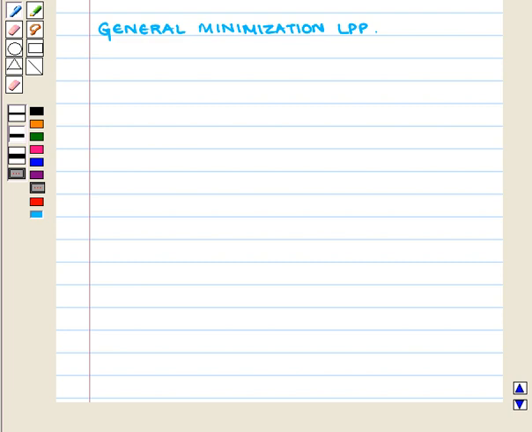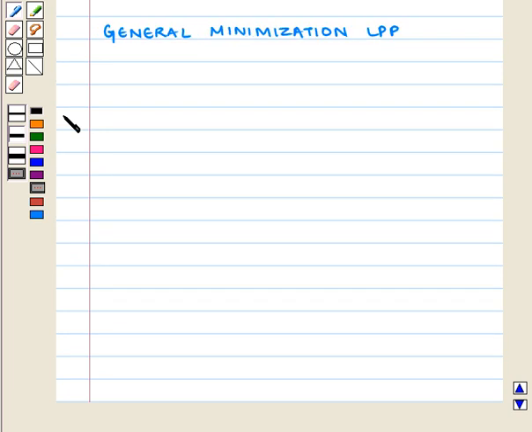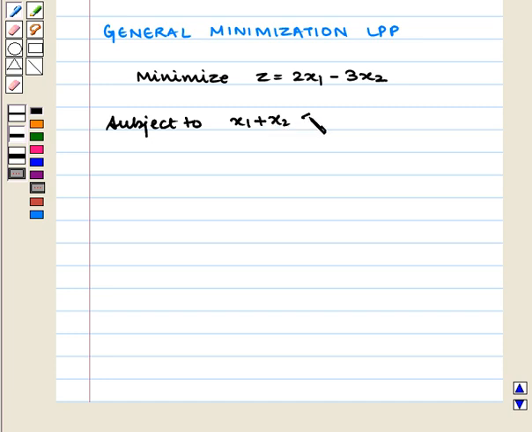Now we discuss how to solve a general minimization linear programming problem. Suppose we have a minimization problem, for example, minimize z equal to 2x1 minus 3x2, subject to x1 plus x2 is less than equal to 20 and 2x1 plus x2 is less than equal to 70.